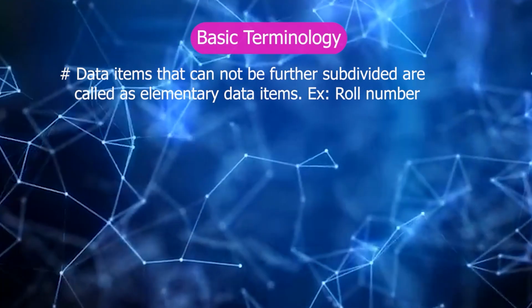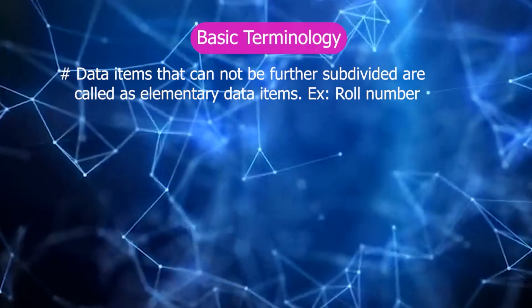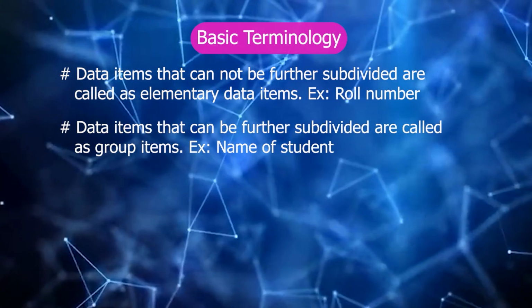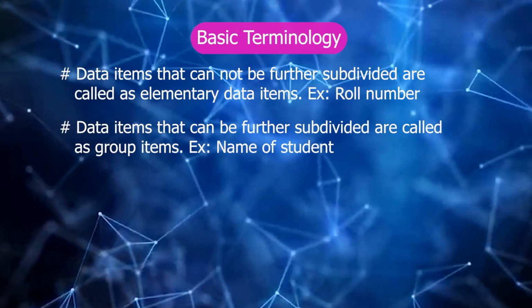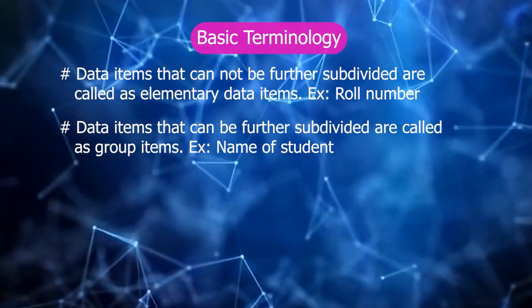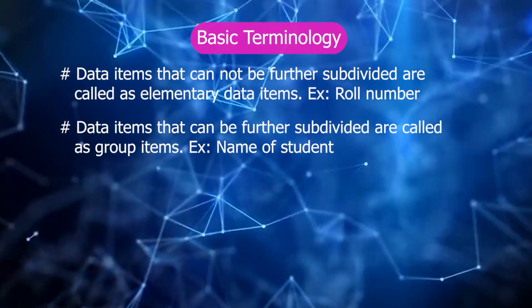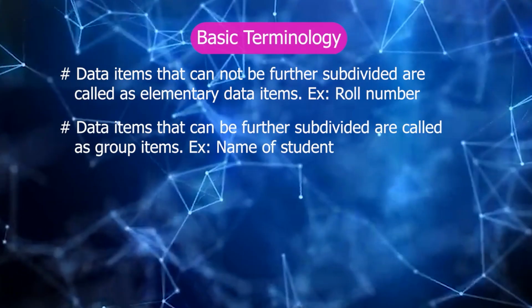Now you will find that the roll number that is assigned to you cannot be changed or further divided into different items, and therefore such an entity is called an elementary data item. So an elementary data item is a data item for which further division is not possible.